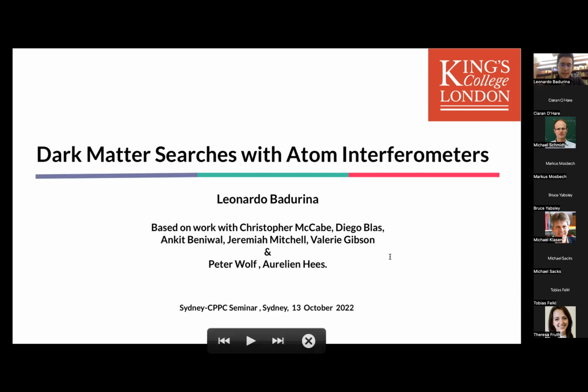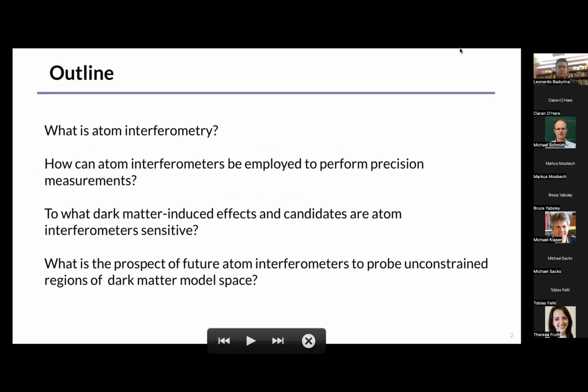Given the subject that I'll be presenting today, and since I am aware that not everyone is familiar with how atom interferometry works in general, I've decided to structure this talk in basically two sections. In the first section, I'll go over the basics of atom interferometry, and I'll try to answer the question of how atom interferometers can be employed in general to perform precision measurements, not necessarily for dark matter related reasons, but just to look for, say, accelerations imparted on atoms or whatever.